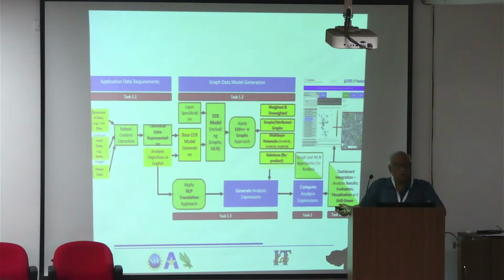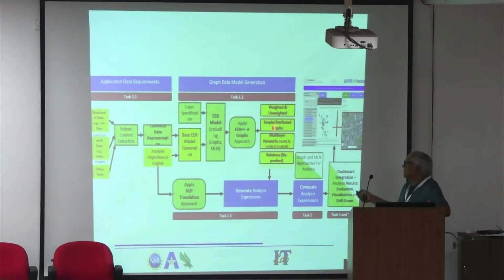We do what is called content extraction and canonical representation, but mainly once we have the base model, we use the ER approach to generate various kinds of graphs, whether it's simple attributed graphs, multi-layer networks, or relations, weighted and unweighted graphs. Then from the objectives, we generate analysis expressions, compute them, and then do the drill down and display them in some way. This is the whole life cycle that we would like to support as much as we can.